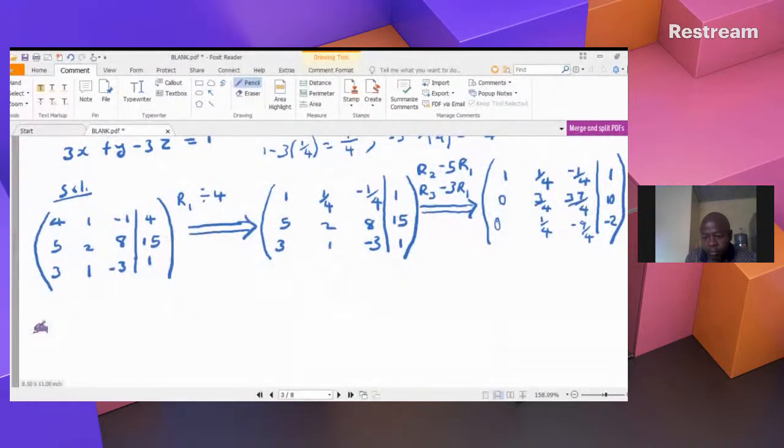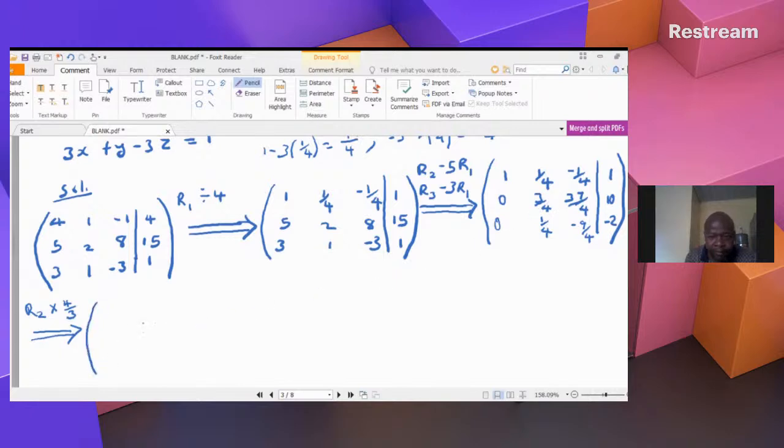I want to create a 1 in this position. Because that position is row 2, column 2, I need to multiply the entire row 2 by the reciprocal of 3 out of 4, which is 4 out of 3. So that this times 4 out of 3 gives me 1.